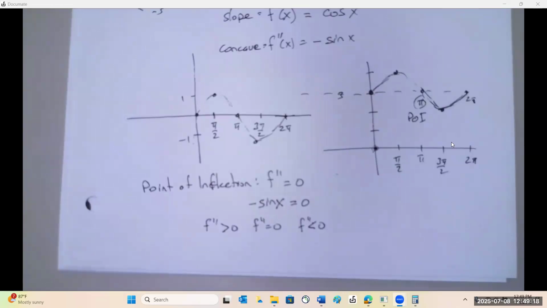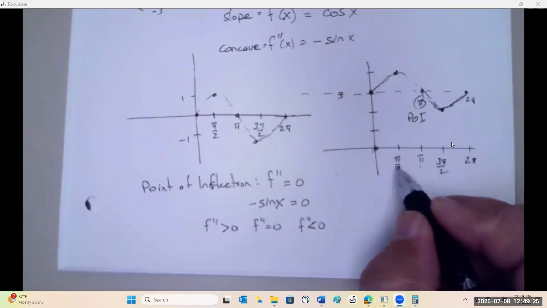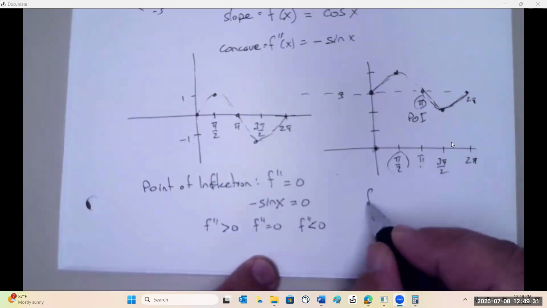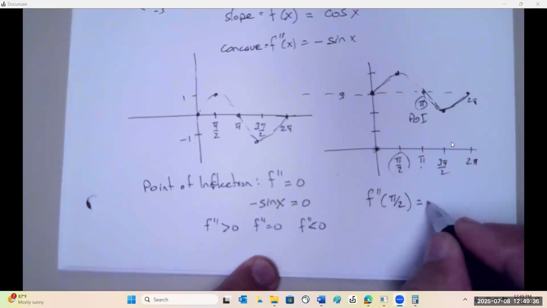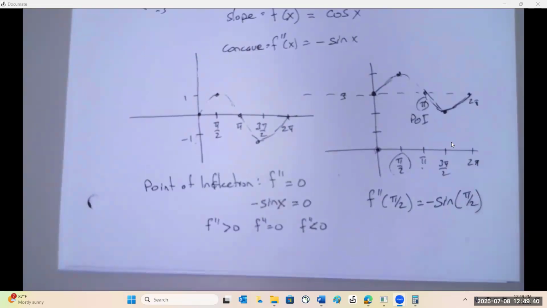Which means what? What's that good for? Since we know this is our point of inflection, we can take a point to the left of it. Let's say pi over 2. Plug that into our equation. So what is sine of pi over 2?